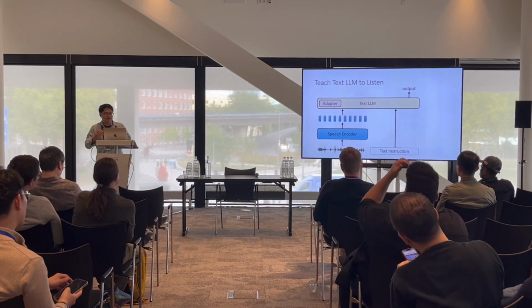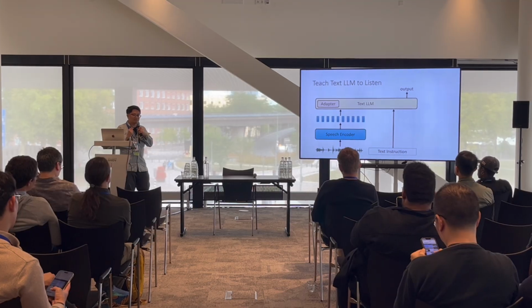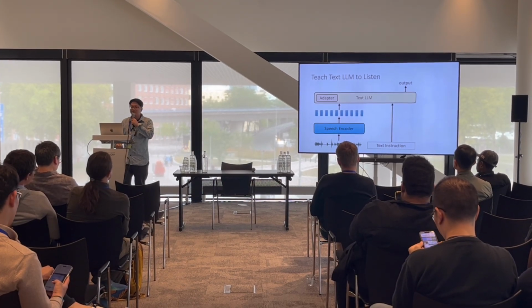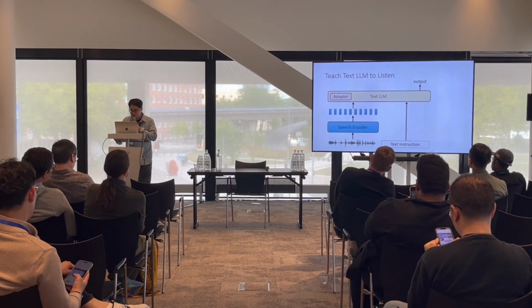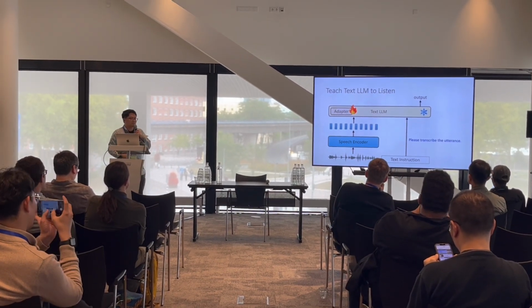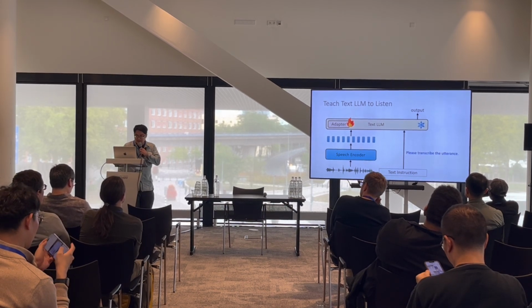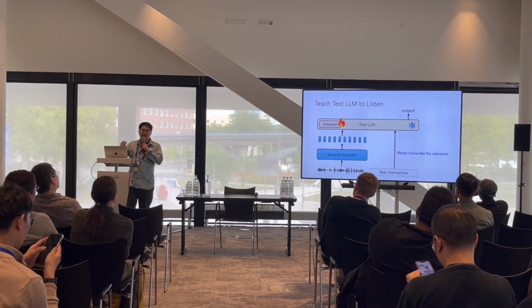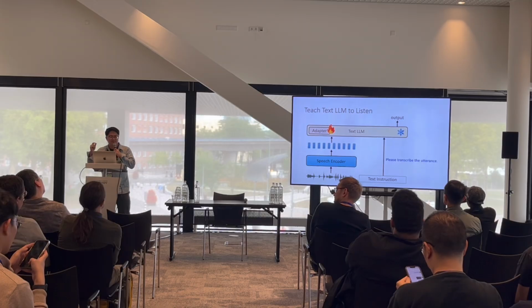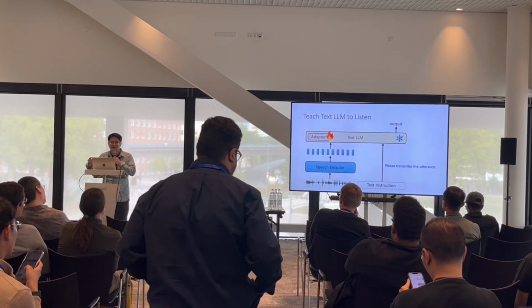So you need to insert adapters into the text language model and fine-tune the parameters in the adapters. To fine-tune these adapters, you need some training data. A typical paradigm today is you collect some text related to speech, and you train the adapter with this speech-related text.